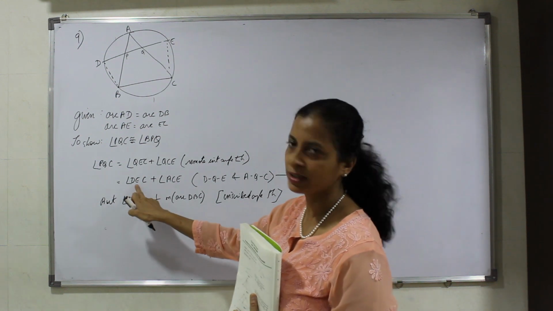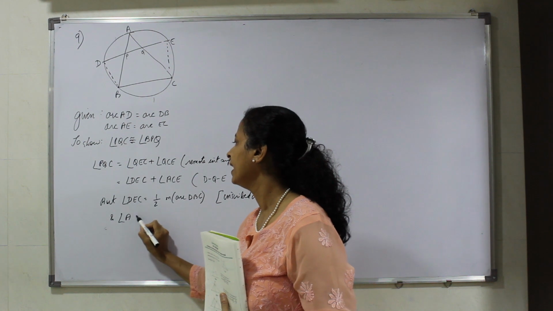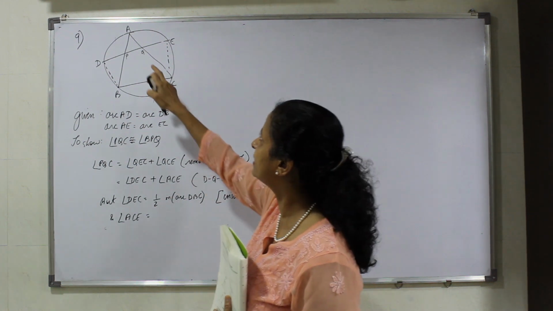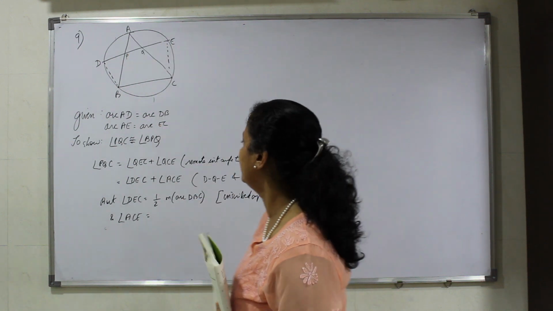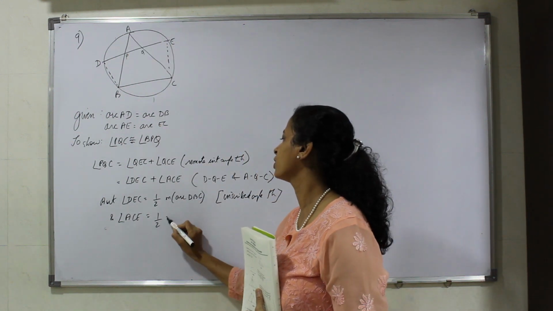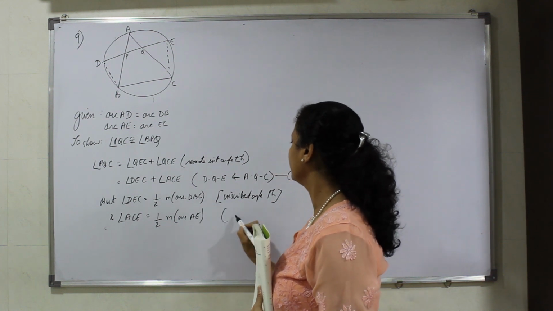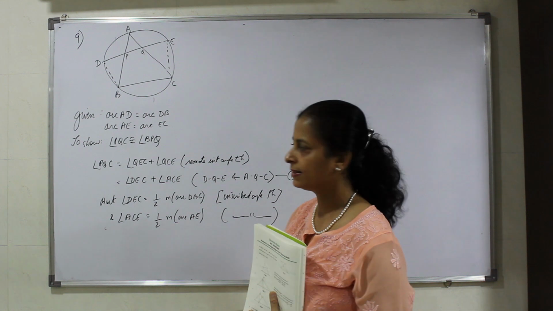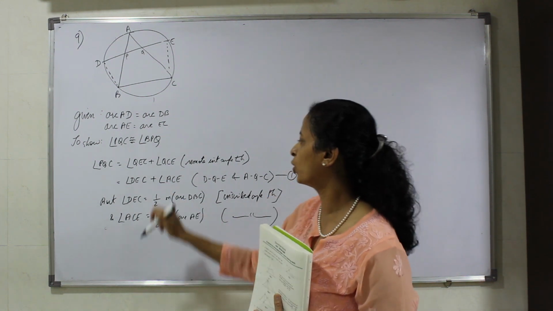So I'm ready to substitute it here. I also changed it for ACE, and so I write angle ACE. Can you see the angle ACE? It cuts the arc AE, and so it is half of the measure of arc AE. The reason being the same, inscribed angle theorem. Changing both of these with these answers into equation number 1, what do we have?